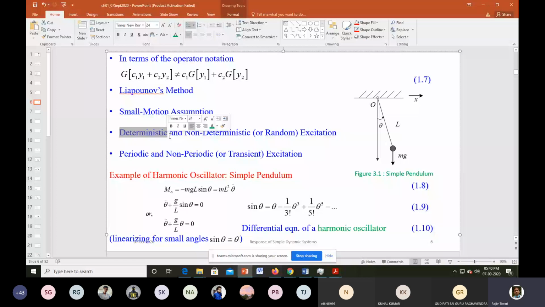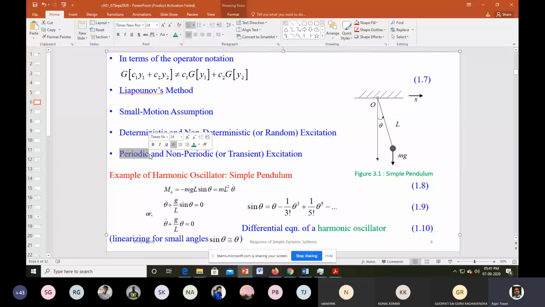Then when we are talking about force, there is another way in which we can classify it. One is periodic and the other is non-periodic. Both are deterministic. Periodic, you know, means that over a certain period of time the force will repeat.